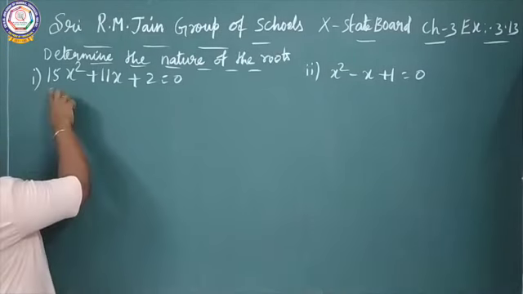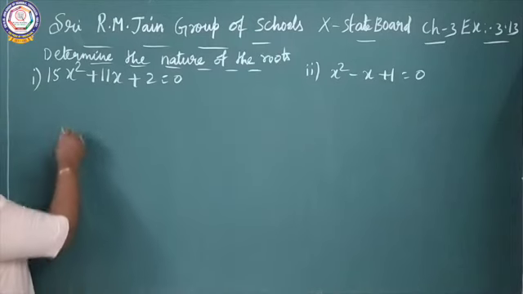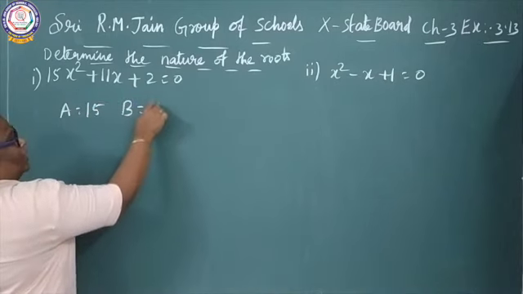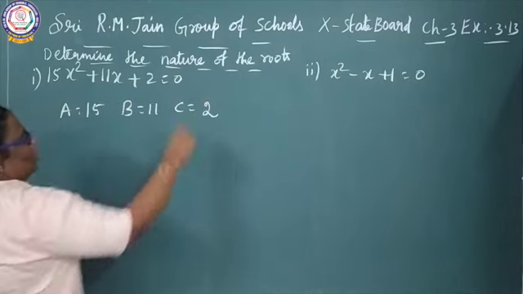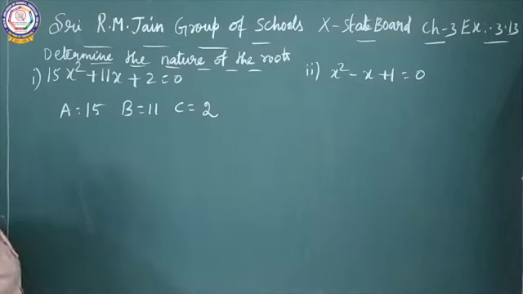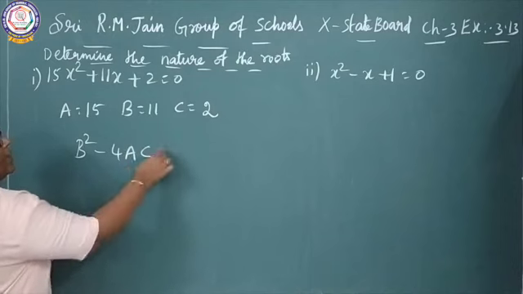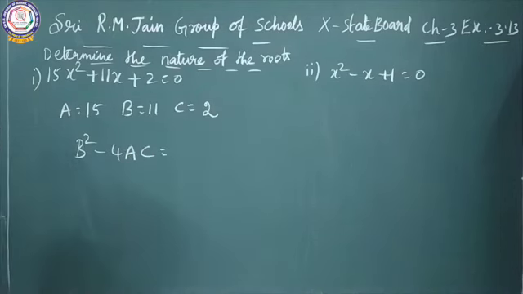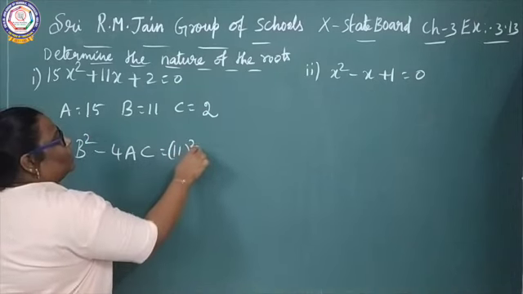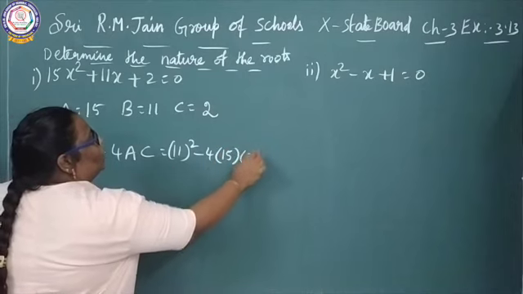See the first sum. 15x square plus 11x plus 2 equal to 0. a equal to 15, b equal to 11, c equal to 2. Or you can use small abc also, no problem. What is the value of b square minus 4ac? 11 square minus 4 into 15 into 2.